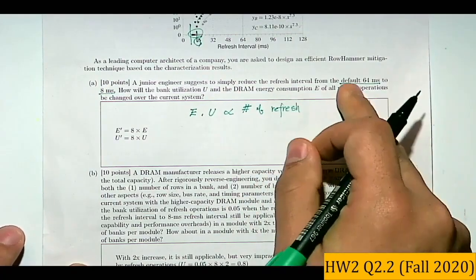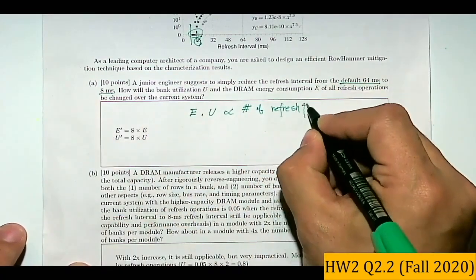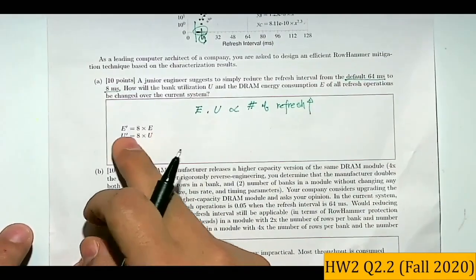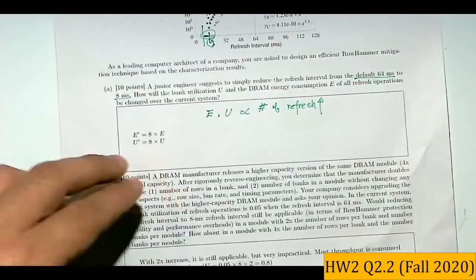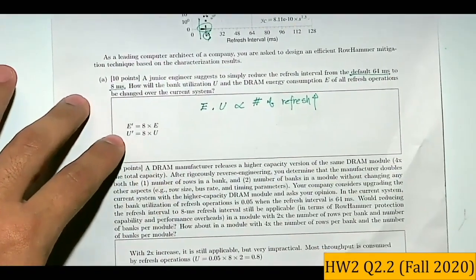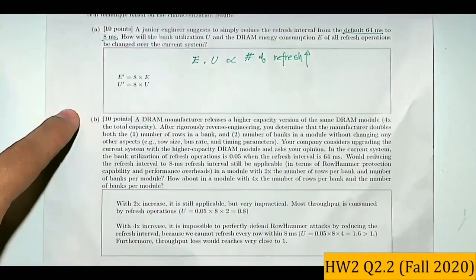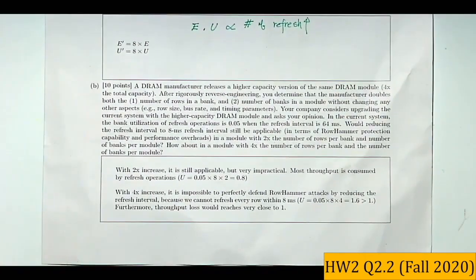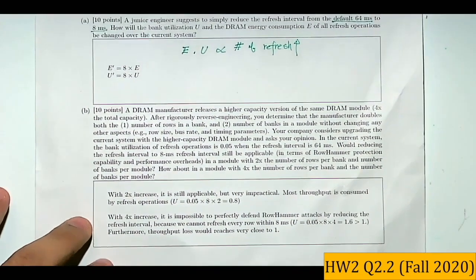And if we reduce the refresh interval, we increase this. So we can easily know the energy consumption and the bank utilization should both increase 8 times. Make sense? And the next question is the feasibility of this approach.